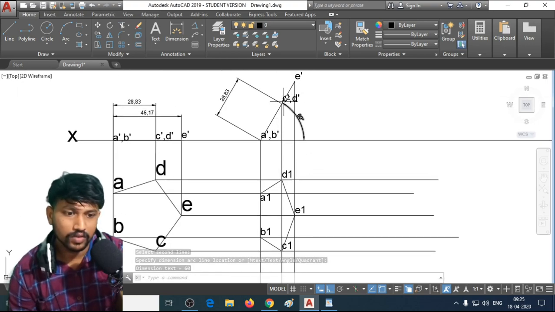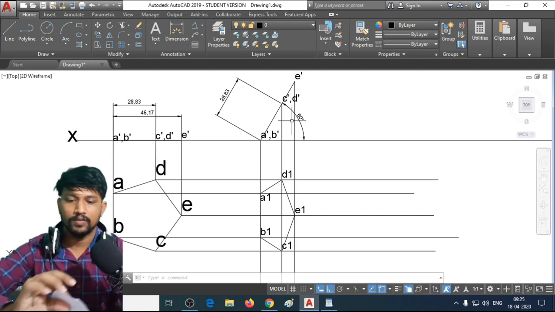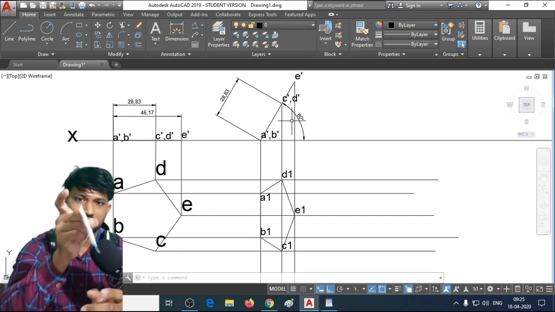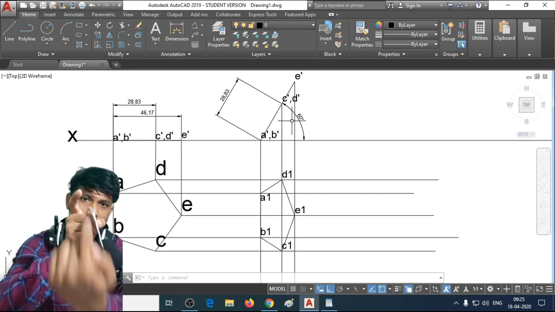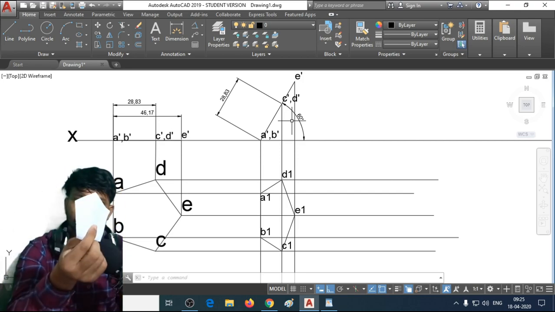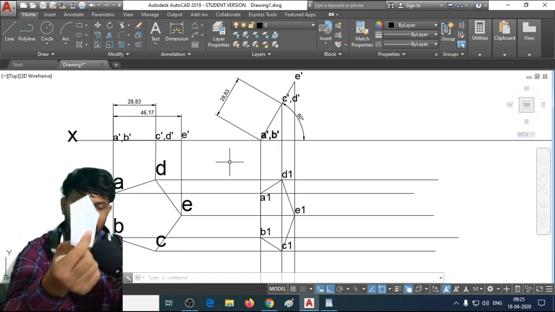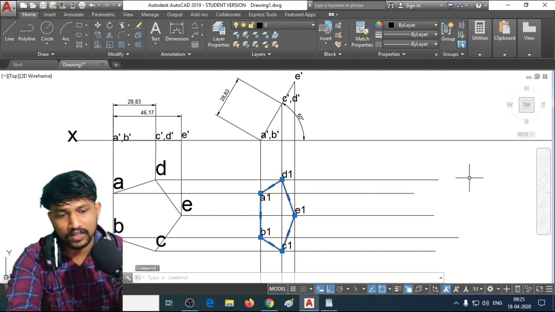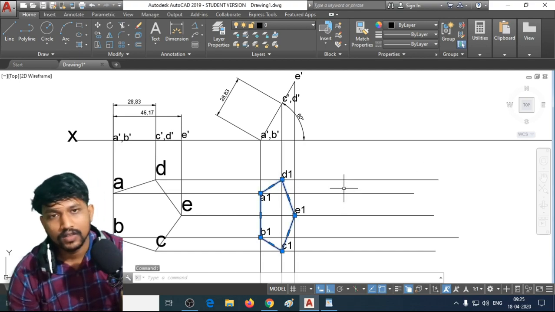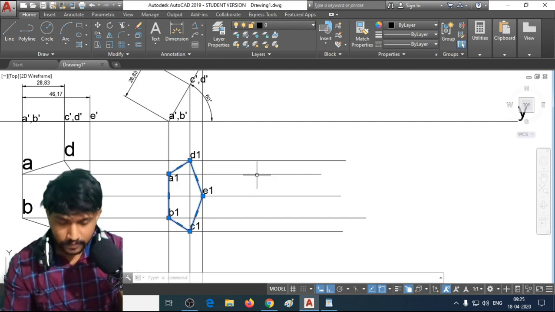This is how it is going to look from the front view, which means from the front view it will just look like a straight line to you, and from the top view it will look like this. That's the projection that we got here. Okay, so let me take another problem.